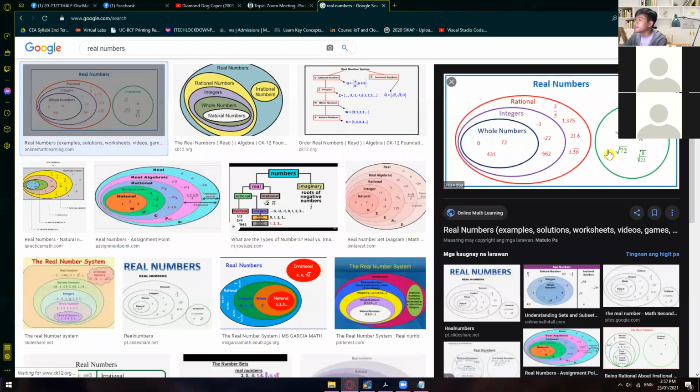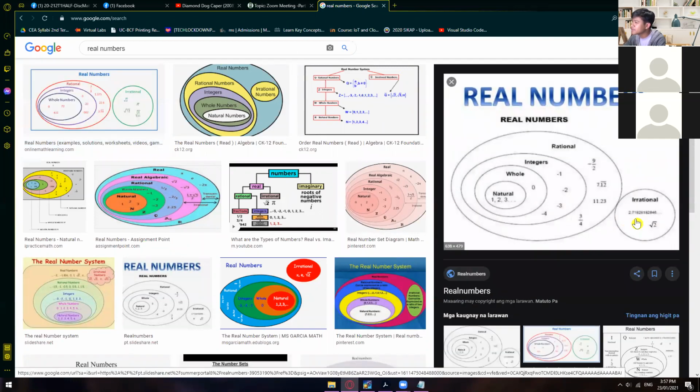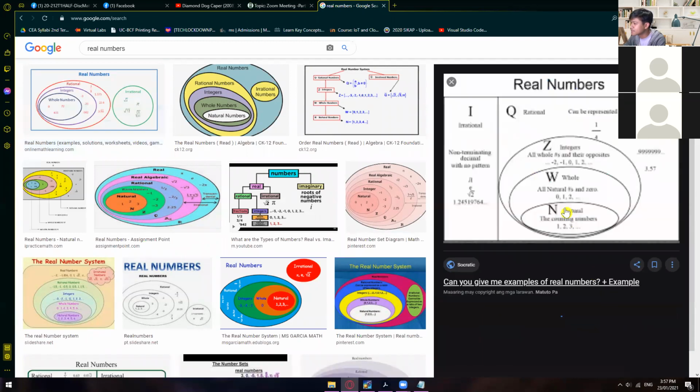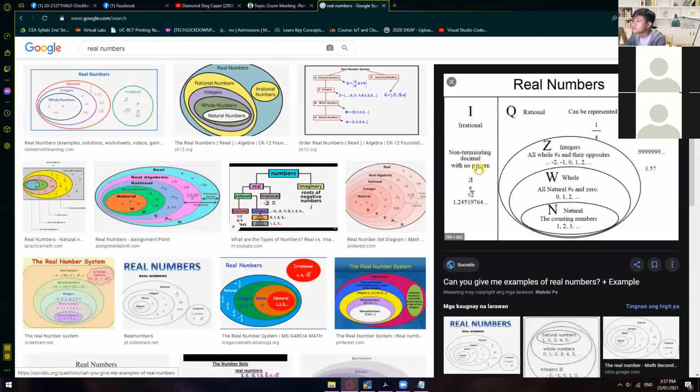Letter I, letter I. Yeah, so there is no I in here. So maybe anything aside from imaginary numbers are real numbers. I thought that it was under irrational numbers, but it's not. So yeah, imaginary numbers are not under real numbers.